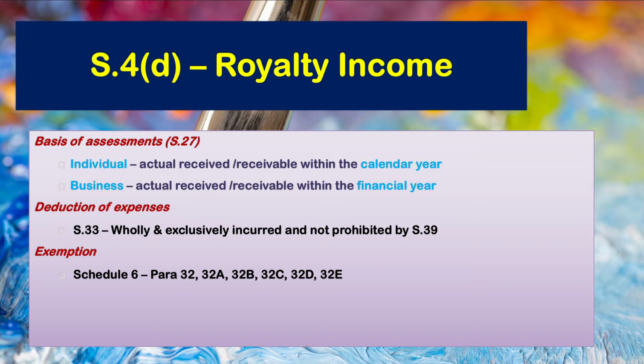Para 32C is about income received by an individual who performs a cultural performance, and this must be approved by the minister. In this case you will get an exemption.